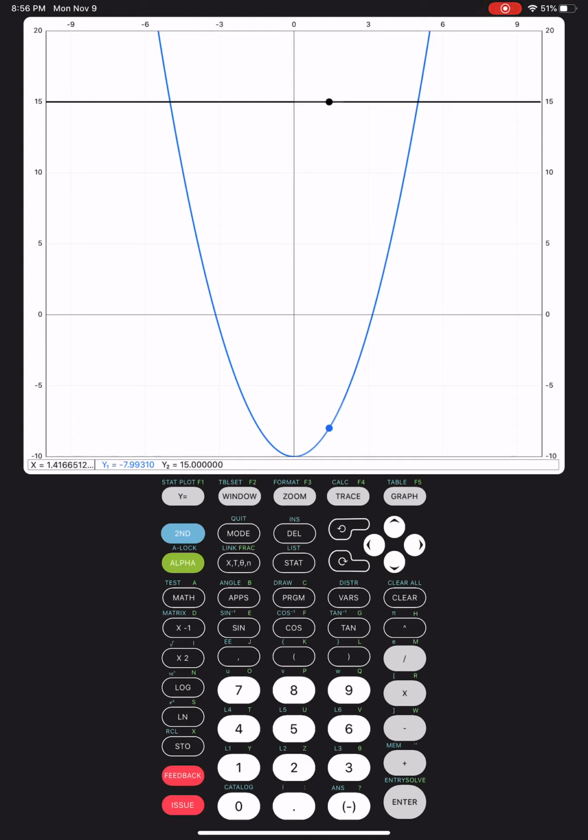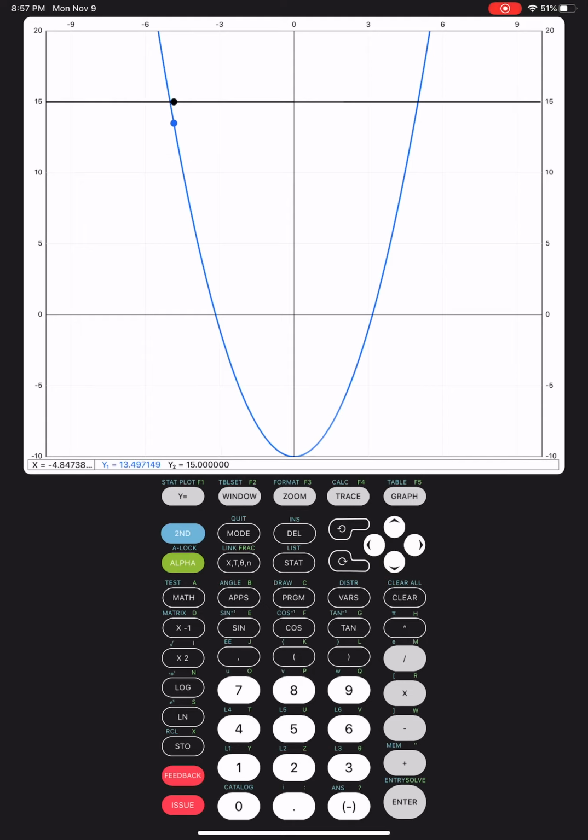There are 2 intersection points, right? Looks like the first intersection point, where blue and green meet, is about 5. And then the second intersection point is at -5, right?